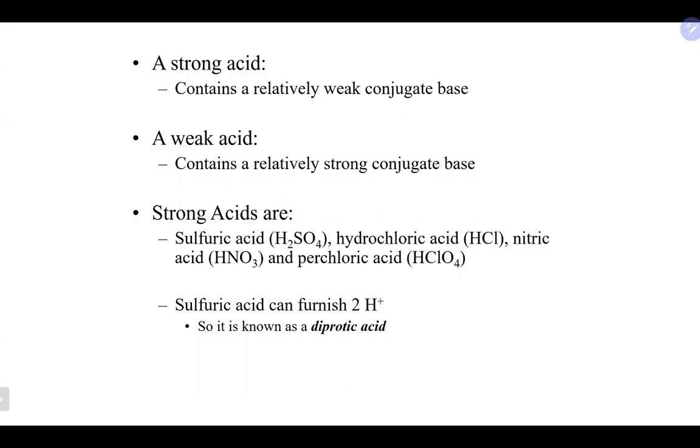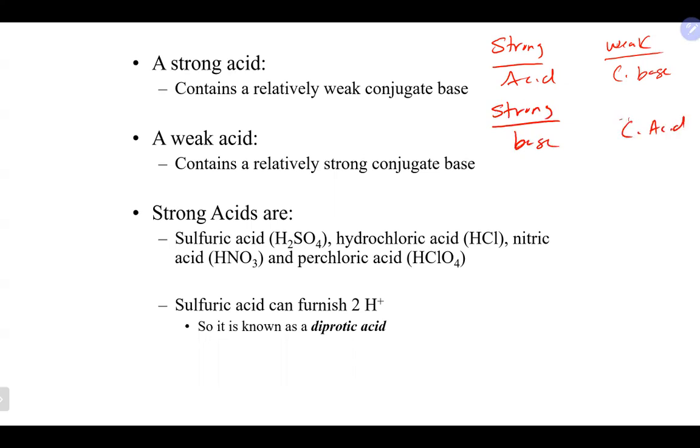If you have a strong acid, its conjugate base will be relatively weak. And if you have a strong base, its conjugate acid will be relatively weak as well. So anything that comes from a strong acid or strong base, its partner is relatively weak.